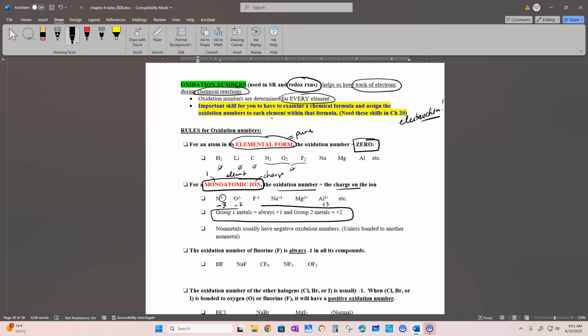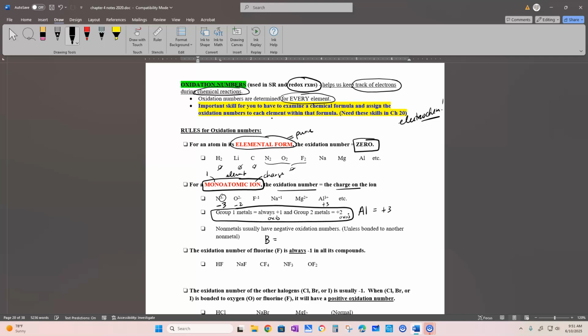So there is a trick. Every element in group 1 will always have an oxidation number of +1. And everybody in group 2 will always have an oxidation number of +2. All other metals you're going to have to figure out. But I will give you another hint. Aluminum will always be +3. Boron, even though it's not a metal, I'll put down here.